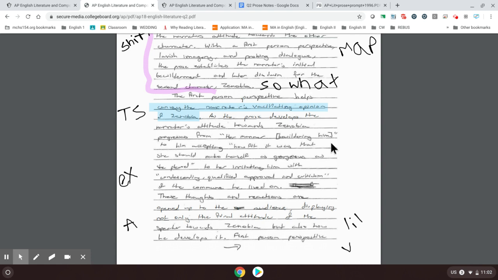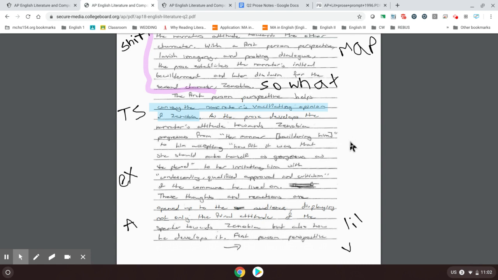If you have time to note what lines these quotes came from, that would be great. You can put them at the end of the quote, in parentheses. If they all come from the same lines, you can add it in. His attitude towards Zenobia progresses in line 21 from blah, blah, blah, blah. However, it's not 100% necessary, and you would never have to put the author's name in those parentheticals because it's a given that since you're using the passage, you're going to be talking about a quote from Hawthorne.